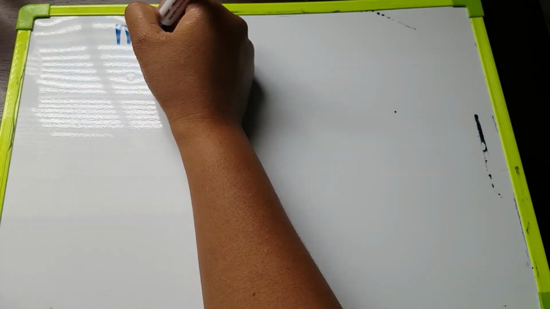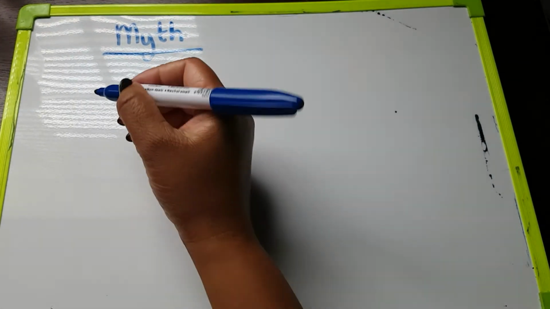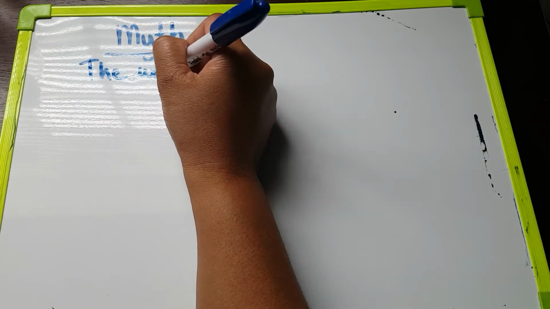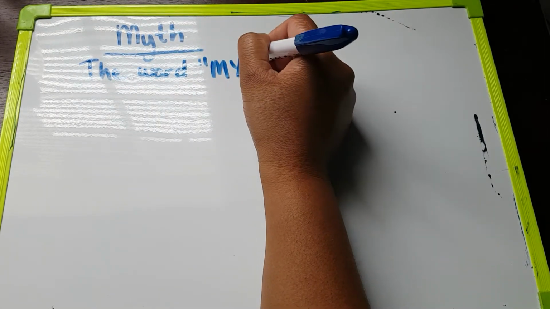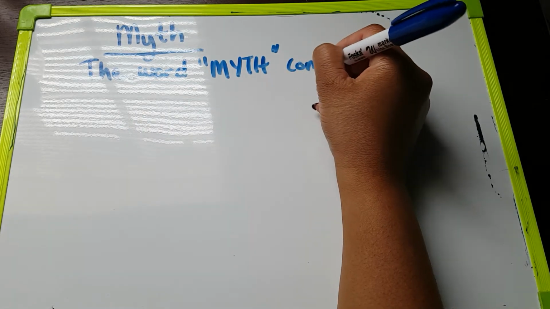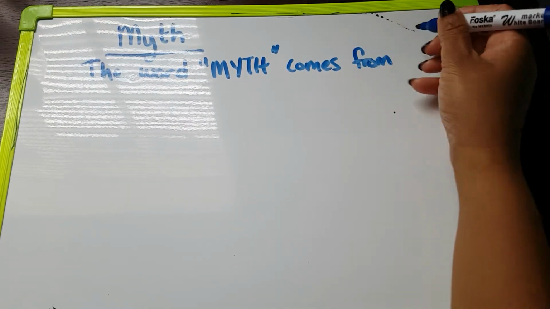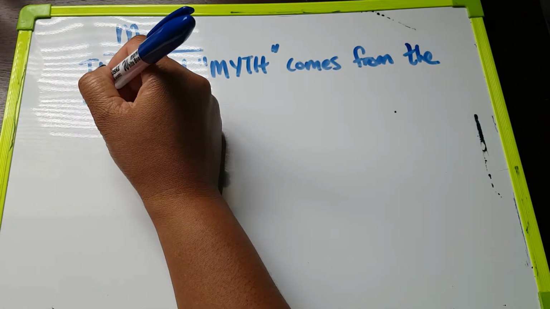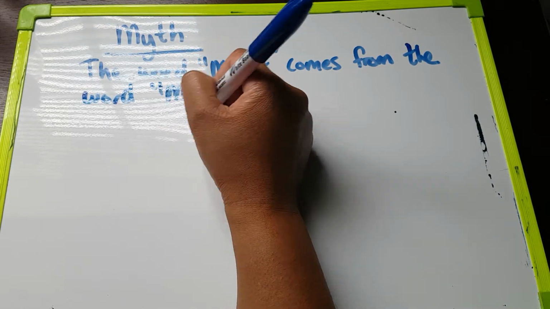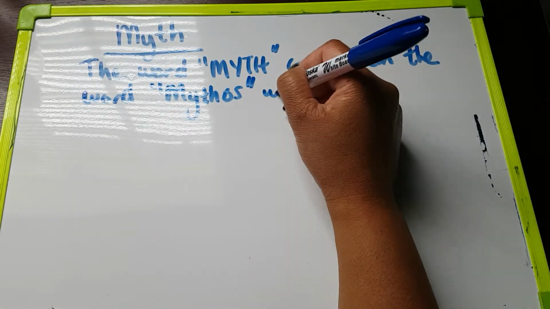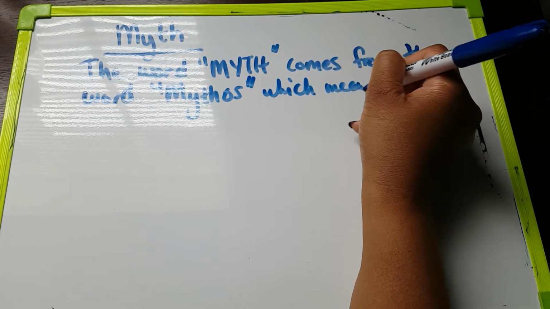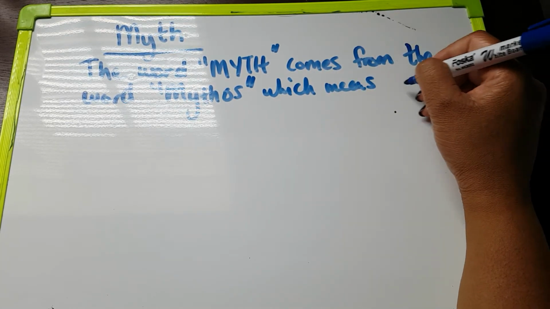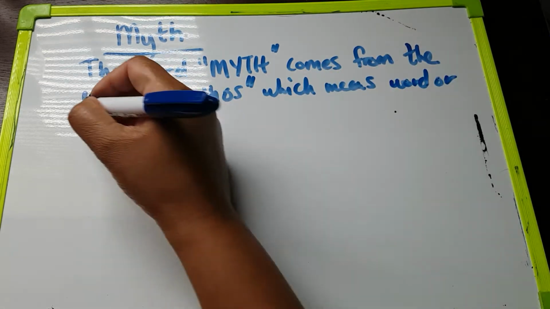Number 2, we have myth. The word myth comes from the word mythos, which means word or fable.